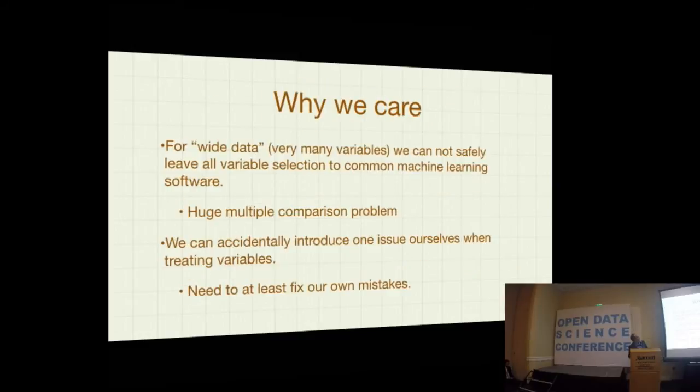And why do we care? Right, so Nina touched on a very important point: is variable selection part of data treatment? I mean, we have very good machine learning algorithms now. Why can't we leave it to them? And the answer is, most of the common best-of-breed machine learning algorithms don't understand wide data to this degree.